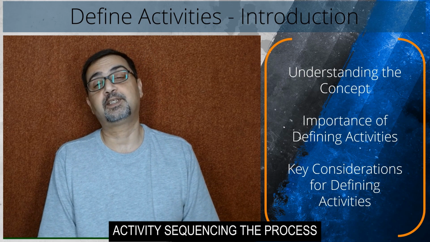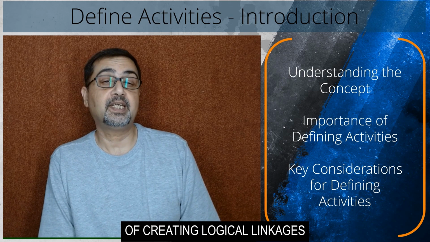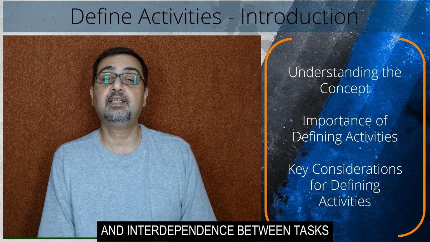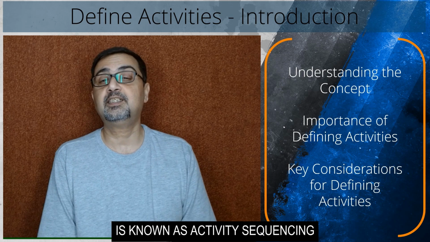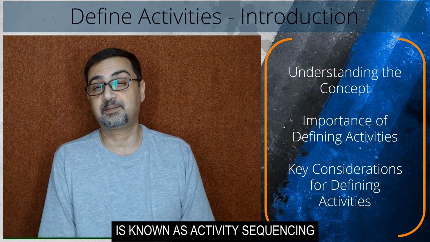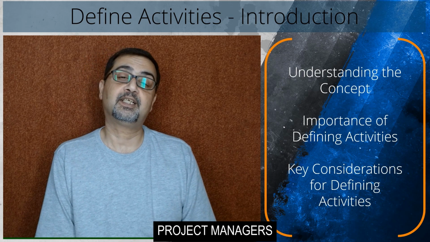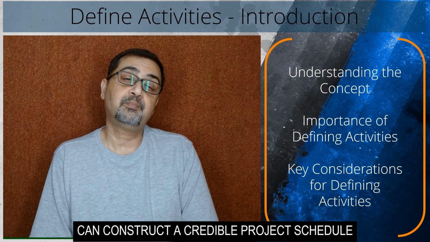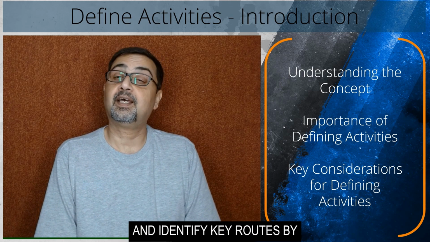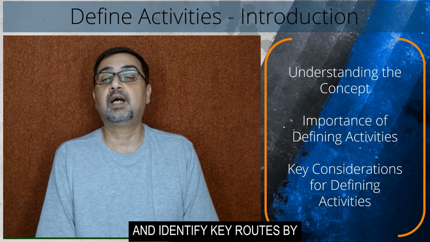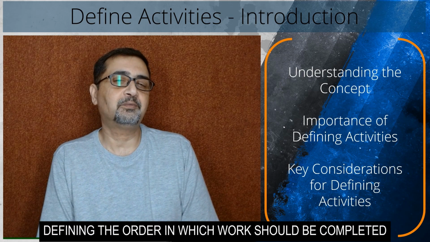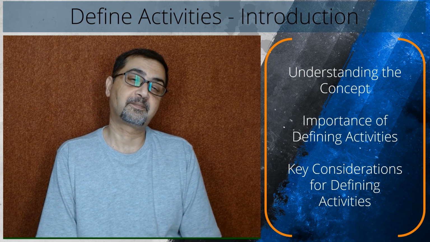Activity sequencing: the process of creating logical linkages and interdependence between tasks is known as activity sequencing. Project managers can construct a credible project schedule and identify key routes by defining the order in which work should be completed.